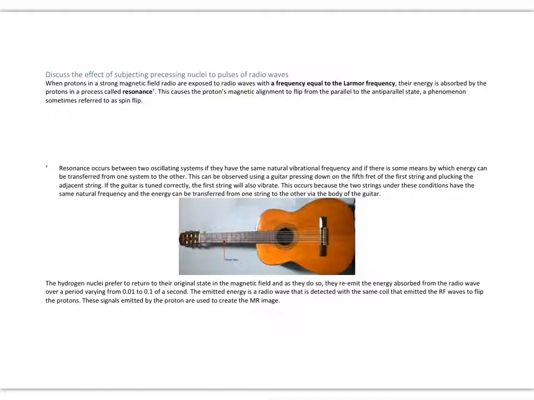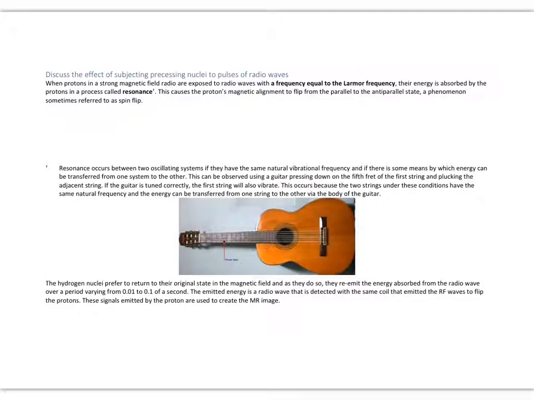If we send a radio wave into a system that's in precession, so some protons and neutrons that are unpaired and in precession, that Larmor frequency of radiation that we send in is absorbed by the protons, and it's a process called resonance.